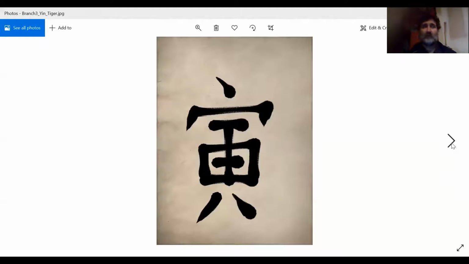Tiger is aggressive, kind of self-serving. And tiger is bold and a bit unstable.